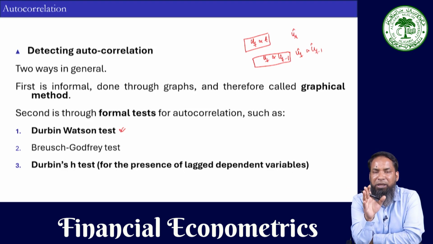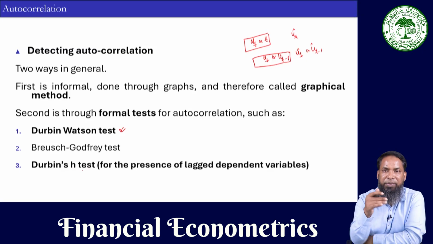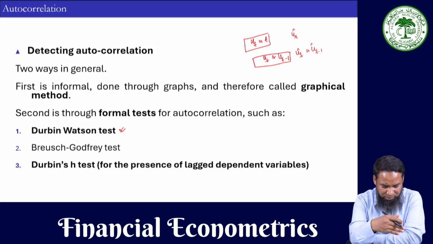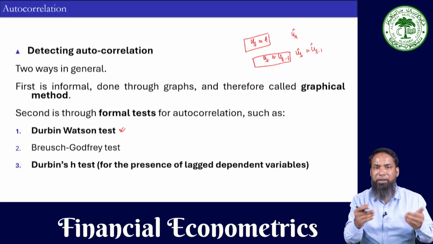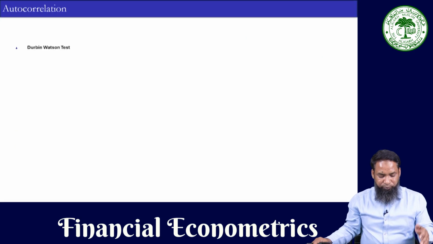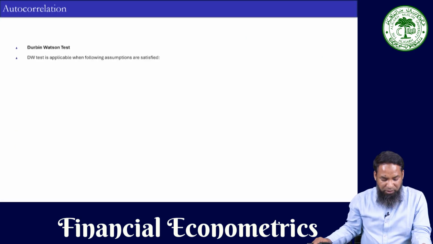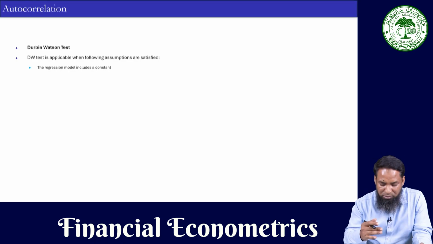If you are adding them, then we cannot use the Durbin-Watson test statistic. To correct that, we have Durbin's h test. That is basically the difference between the Durbin-Watson test and Durbin's h test. Durbin's h test is for the presence of the lagged dependent variable as a regressor or independent variable. Now, what is the Durbin-Watson test? This test is applicable when the following assumptions are satisfied.